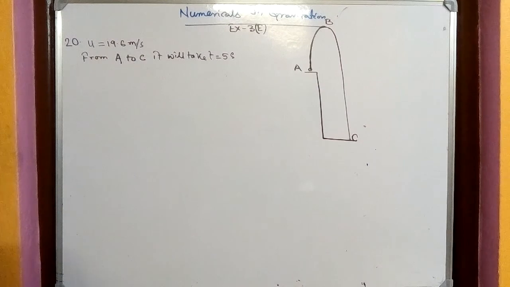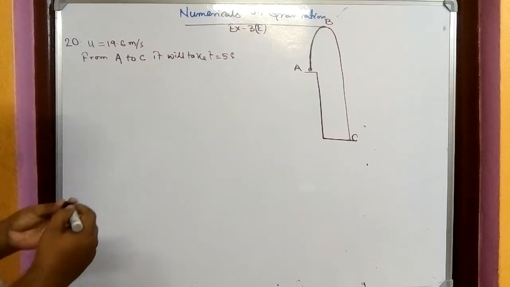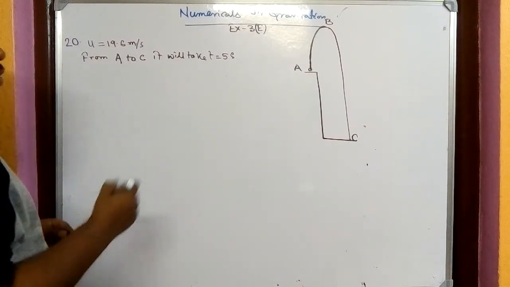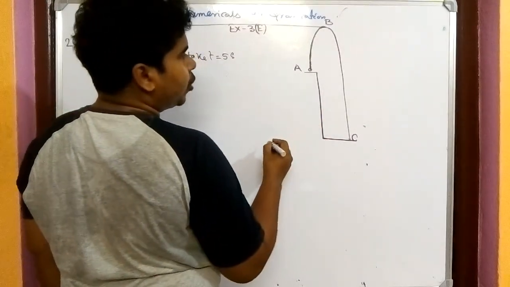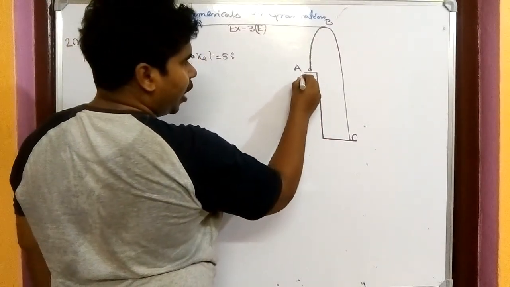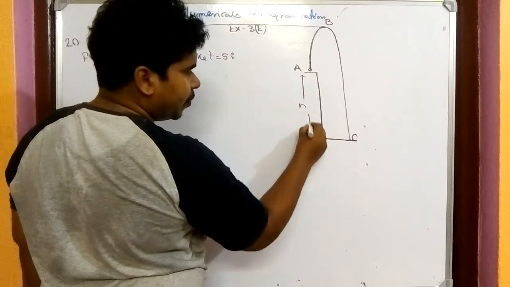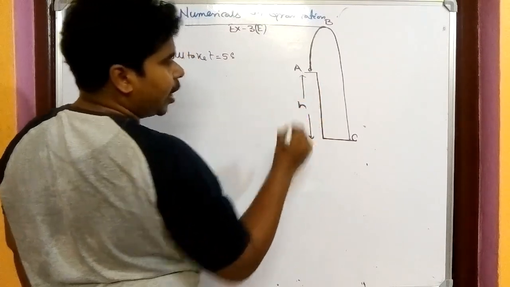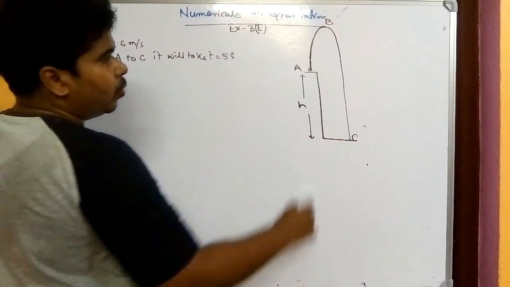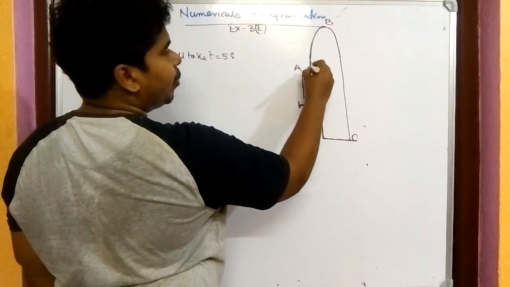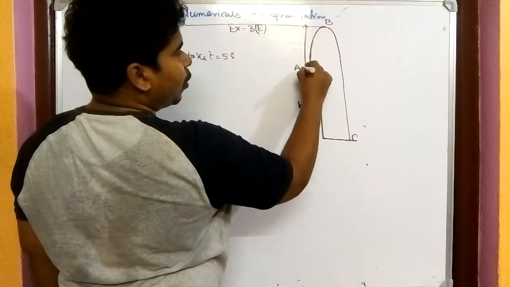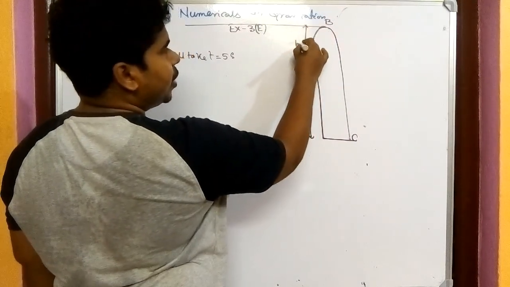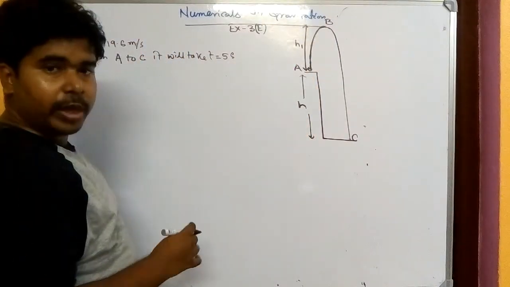Now it is told to calculate the height of the tower. Before starting anything, we have to first assume the height of the tower. So let the height of the tower be h. This is the height of the tower. Now whenever I throw from point A, it will reach a height at B. So from A to B, it is h1, we are assuming.